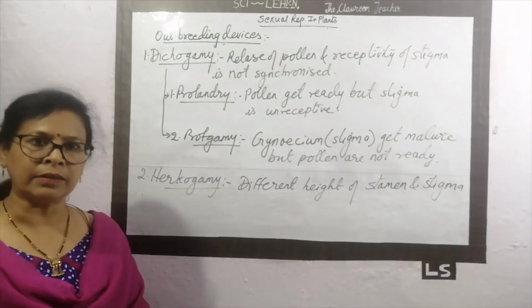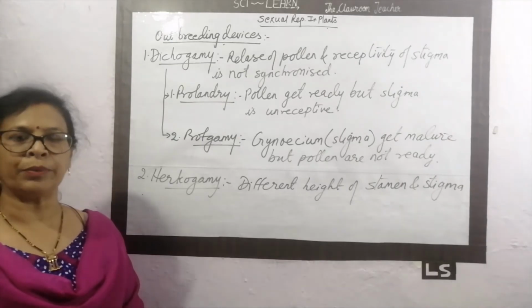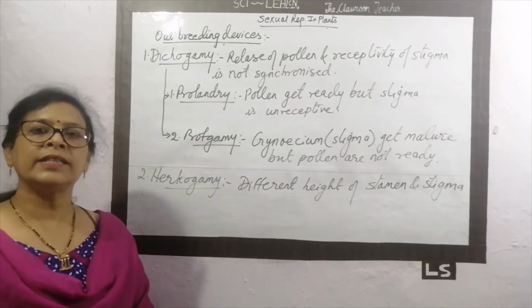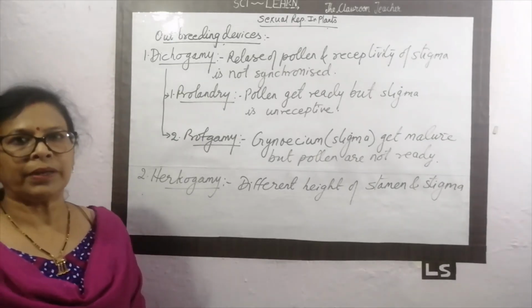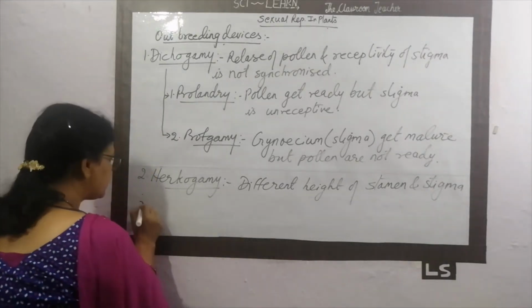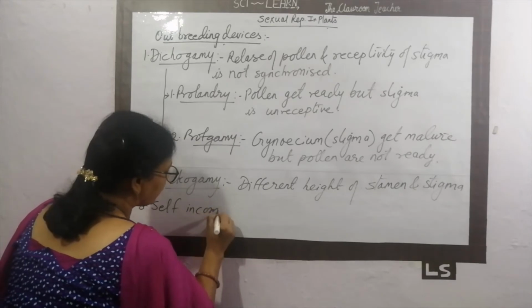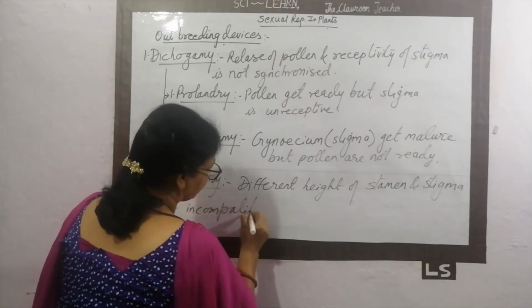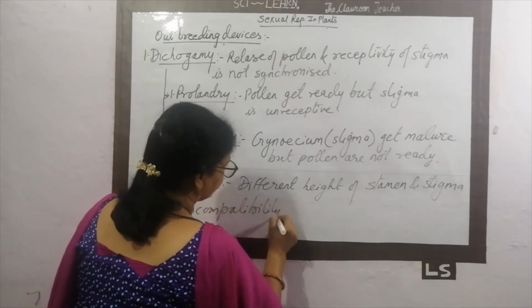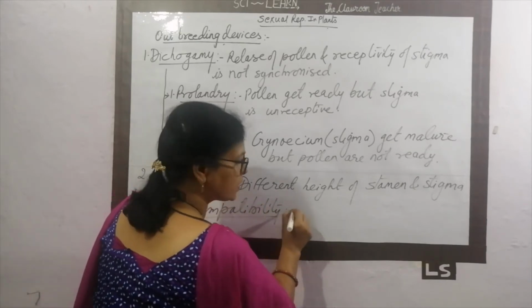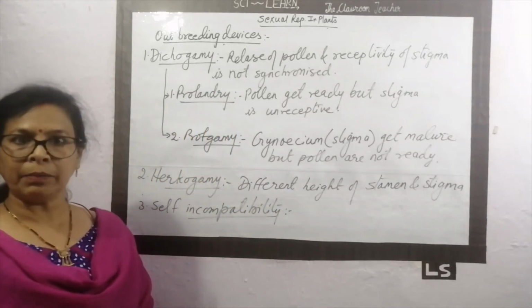Now, what is the third type of outbreeding device? That is called self-incompatibility. What is self-incompatibility?